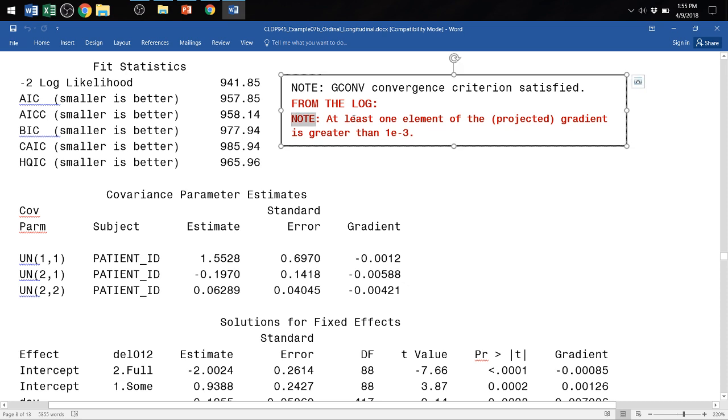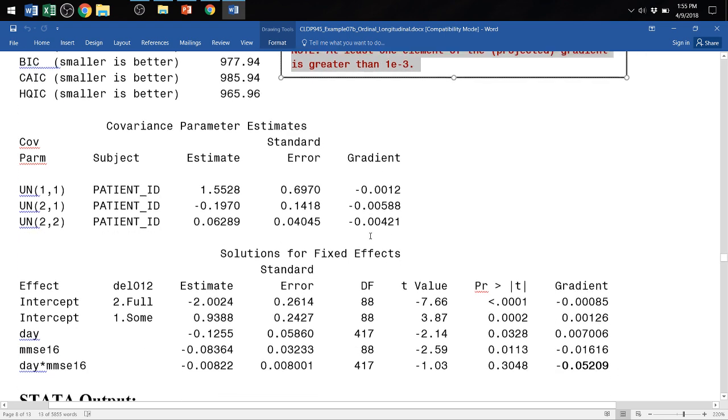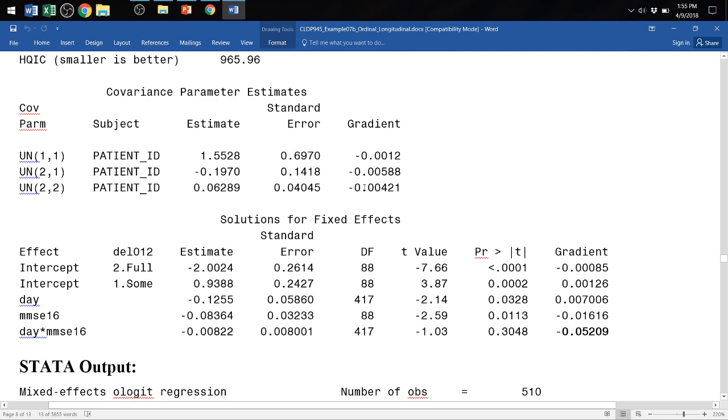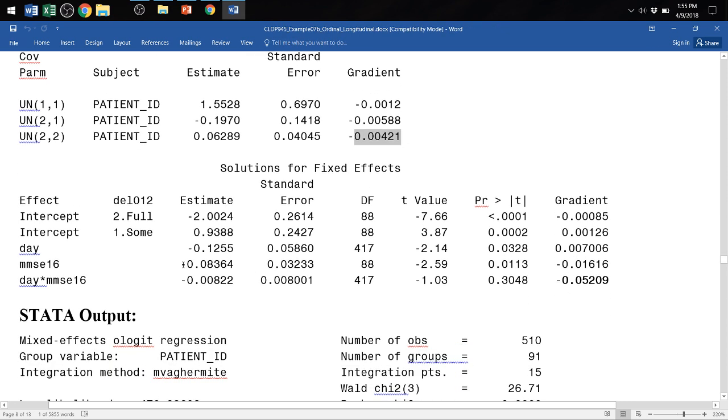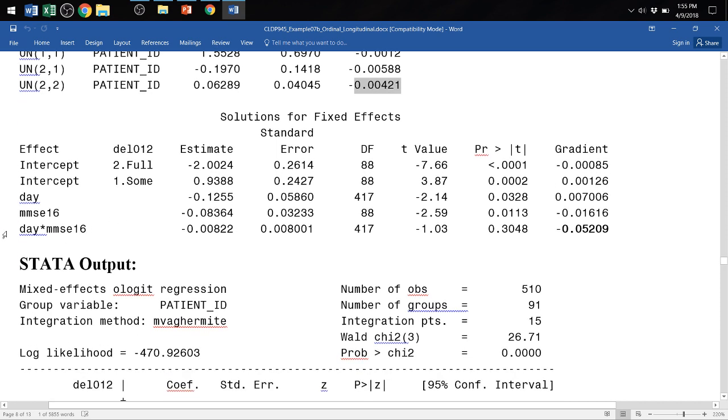So I'm still getting this warning message from the log that something in the gradient is too big. And in this case, that's creeping into my fixed effects as well as my random effects. It looks like, if I look at the p-values that go with these two fixed effects here, the cross-level interaction of day by MMSE is not significant, whereas the main effect is significant.